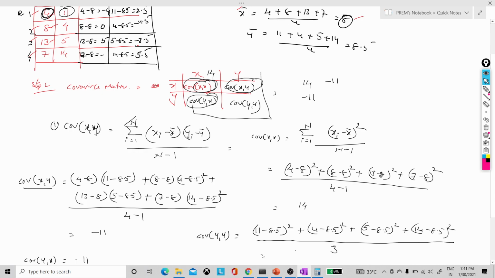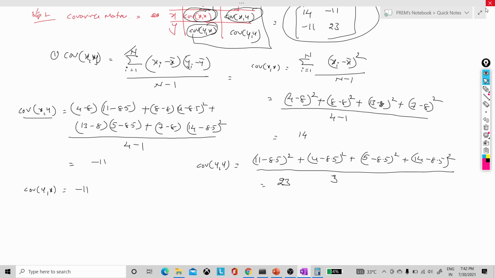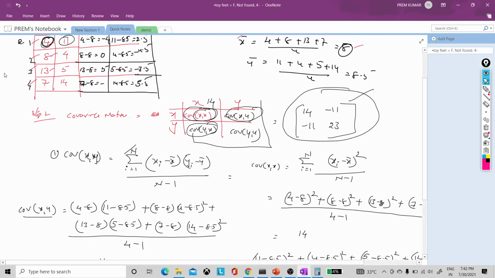If we calculate this value, you will get the answer 23. So finally we have the covariance matrix: 14, minus 11, minus 11, 23. So now you have to go to step 3.